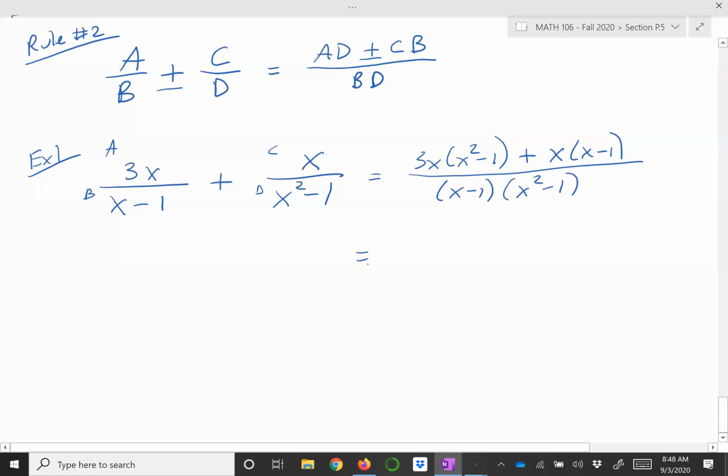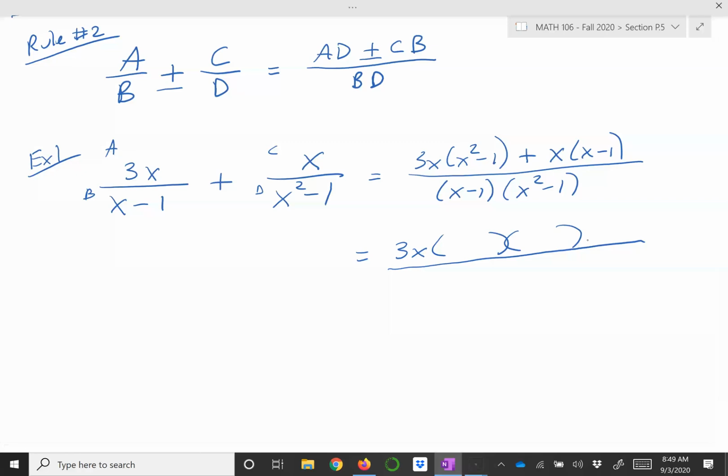Now, to be honest, that doesn't look terrible. Okay. Now, the next step would be, can anything be factored? So there's a couple things here. I can't do anything with this 3x, but can I factor x squared minus 1? What does that look like to you from the factoring section?